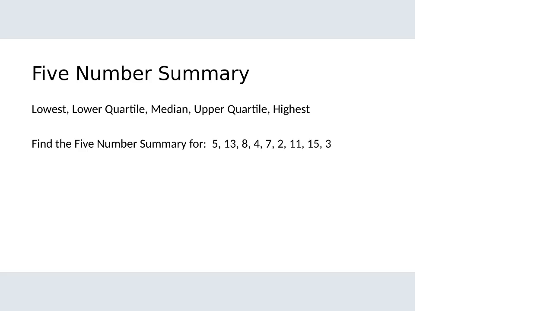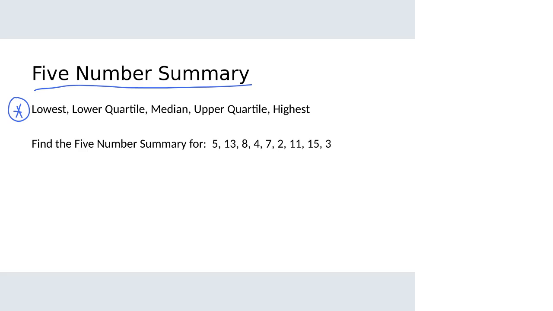One of the things we're going to use the quartiles for is to find something called the 5-number summary of a data set. What the 5-number summary is made up of is the lowest data point, the lower quartile, the median, the upper quartile, and the highest data point. Those 5 numbers give us a summary of the data set.